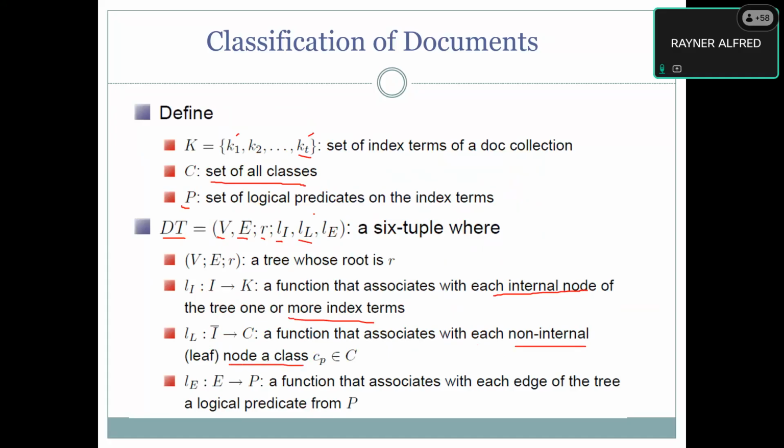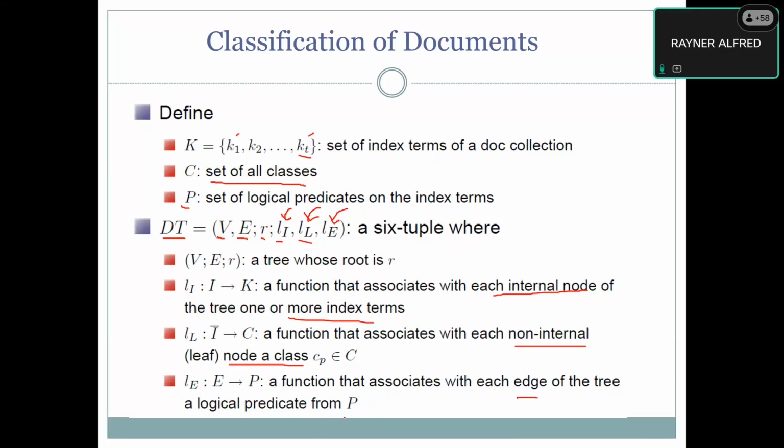So this is your class, this is your internal node, and this is the internal edge that associates with each edge of the tree a logical predicate from P.